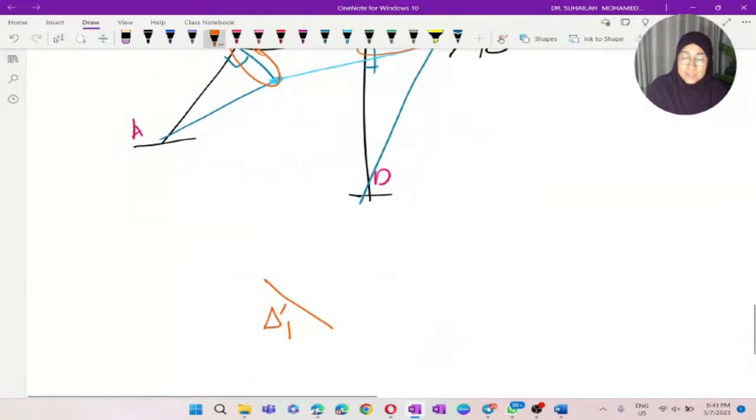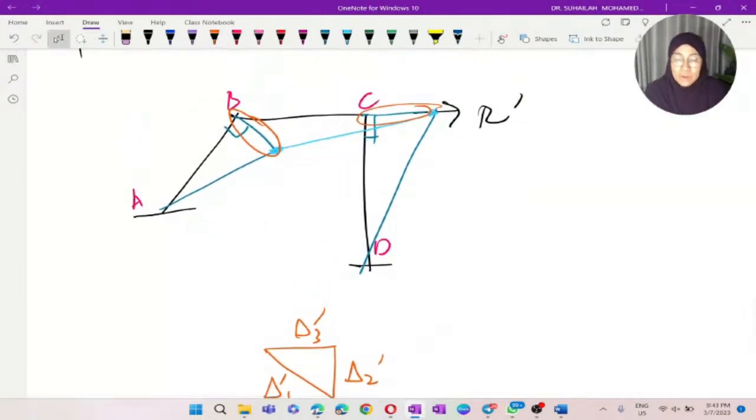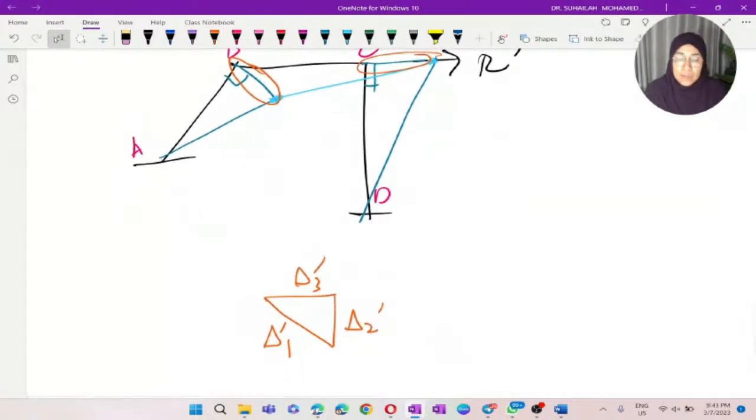We combine to produce one triangle, and this is vertical. So this is delta 2 prime, and delta 2 prime belongs to the beam. So in summary, we have this triangle. This is 90 degree.